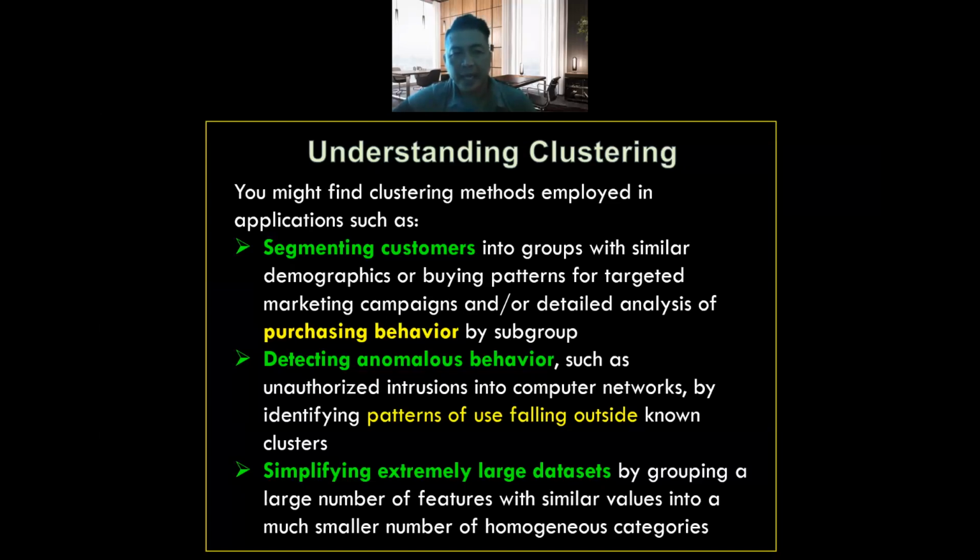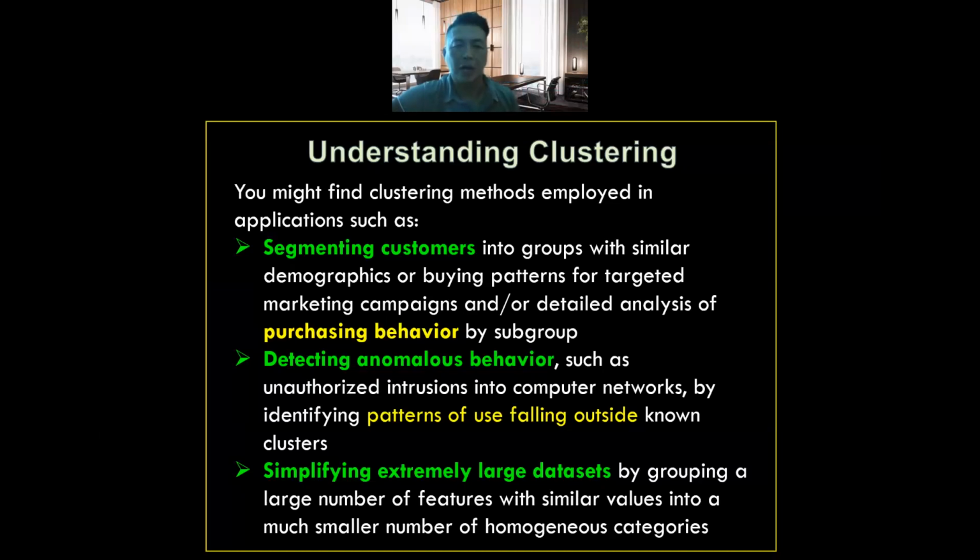In detecting anomalous behavior, we can detect abnormal behavior by looking at the outlier. When you perform clustering, you will be able to cluster individual items into their own cluster. But sometimes you will find an individual item which falls in a different area, where there is no cluster at all.